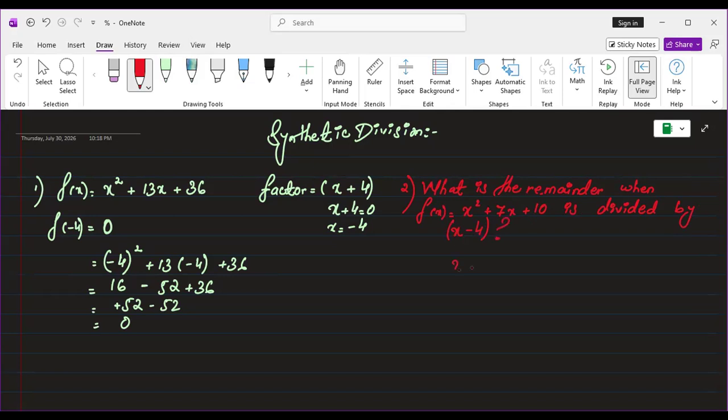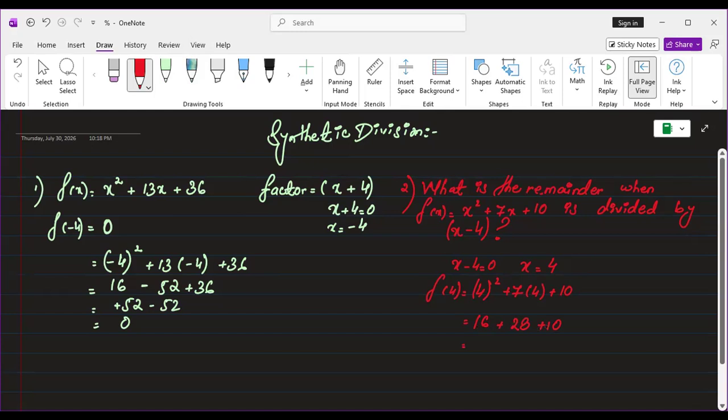You can simply say here x minus 4 is equal to 0. The value of x should be equivalent to a positive 4. Now, instead of x, you will simply substitute it with 4 and see what your answer is. So 4 square is 16, 7 fours is 28, and plus 10.